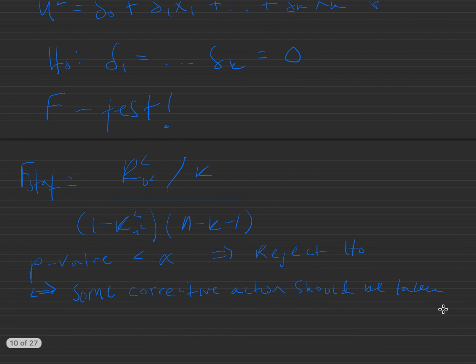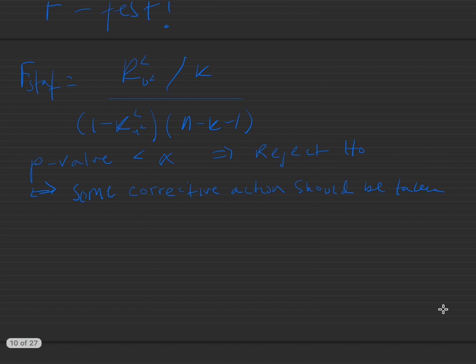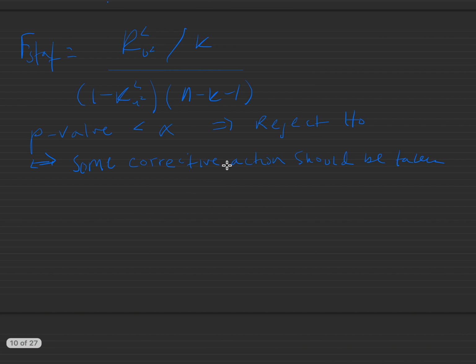Now, what kind of corrective actions can we take if we reject the null of homoskedasticity? You have two options that we are discussing in this chapter. Number one is to use heteroskedasticity robust standard errors.